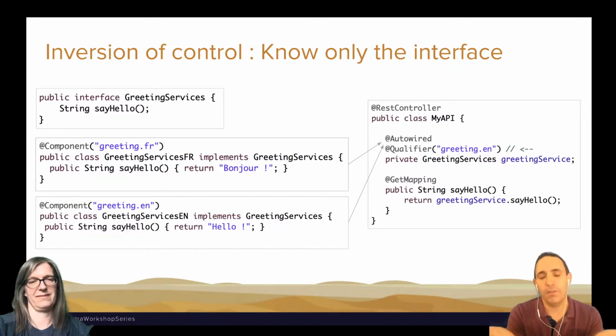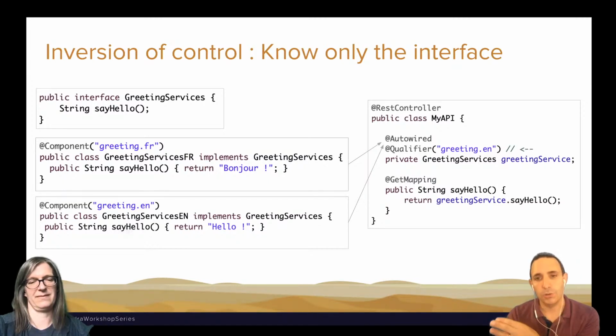For instance, on this slide, I have an interface called GreetingService with sayHello, and below, two implementations, GreetingServiceFR and GreetingServiceEN. Obviously, one will respond in English and the other in French.